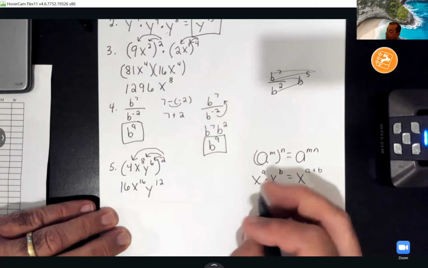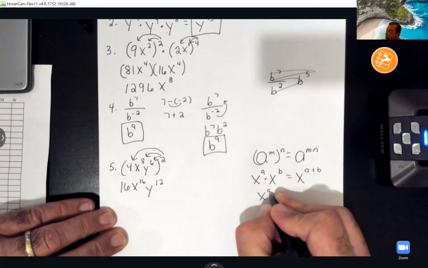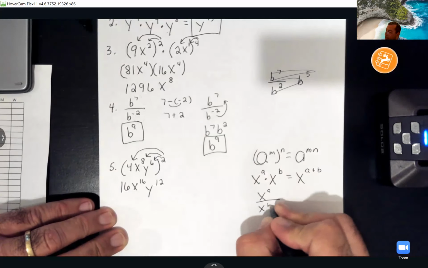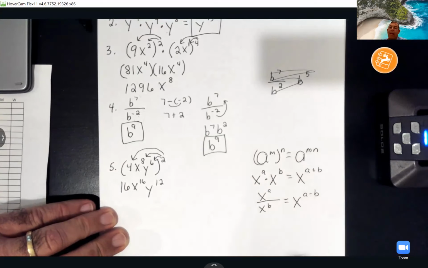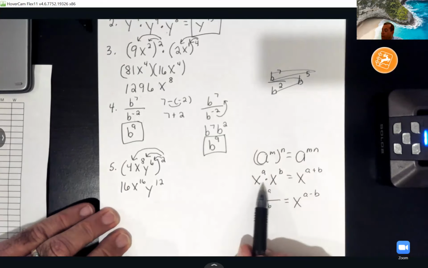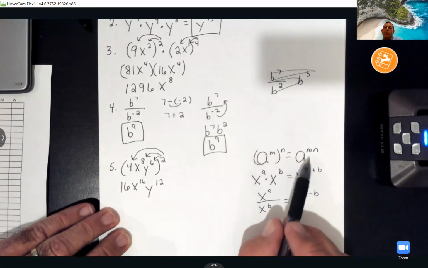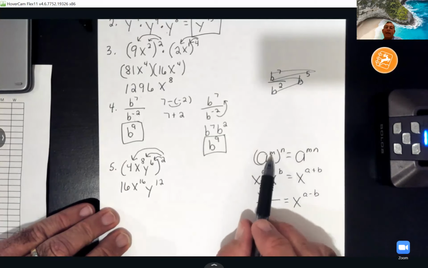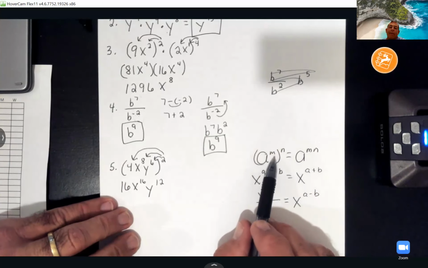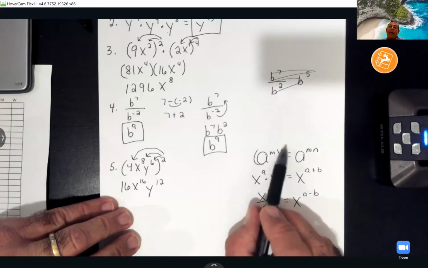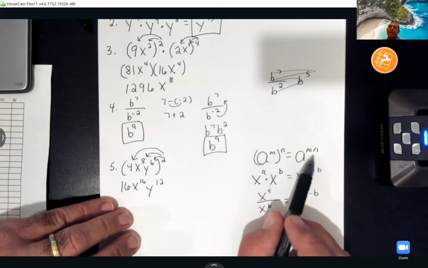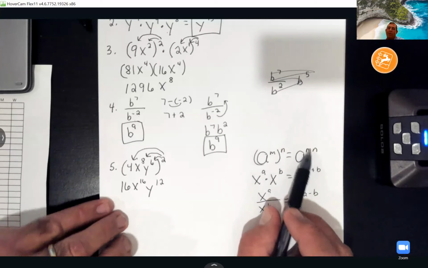If I had, say, x to the a over x to the b, that's where we subtracted. So notice, this one is being multiplied because this is like having a to the m times a to the m however many times that n is. So that's why we're multiplying those exponents.